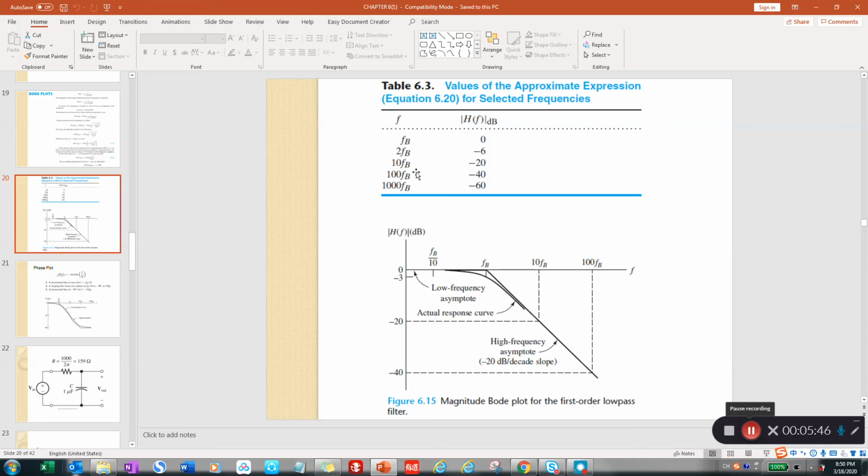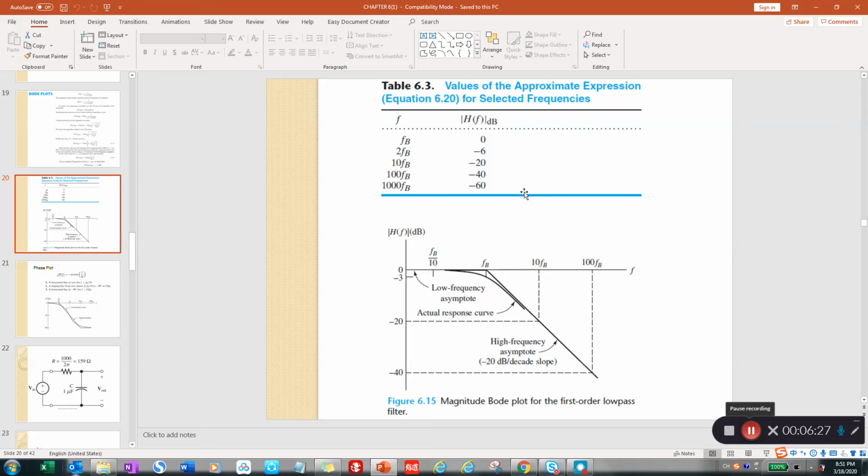If your frequency is 10 times of fb, then we know that the amplitude in dB will be -20. If the frequency equal to 100 fb, then the amplitude in dB will be equal to -40. And if you continue to calculate, if the frequency is 1000 of fb, then the amplitude in dB will be -60. But you don't need to, because you already see the trend.